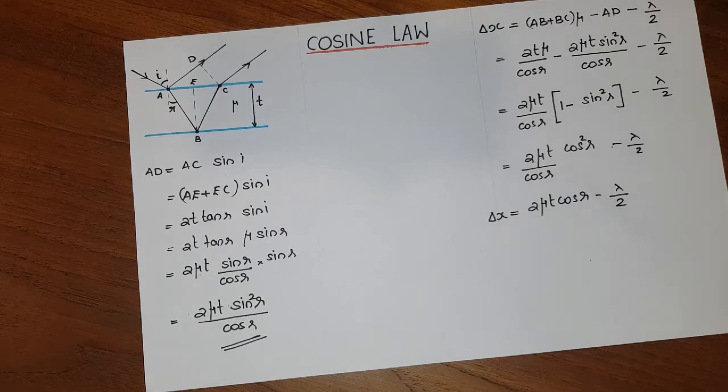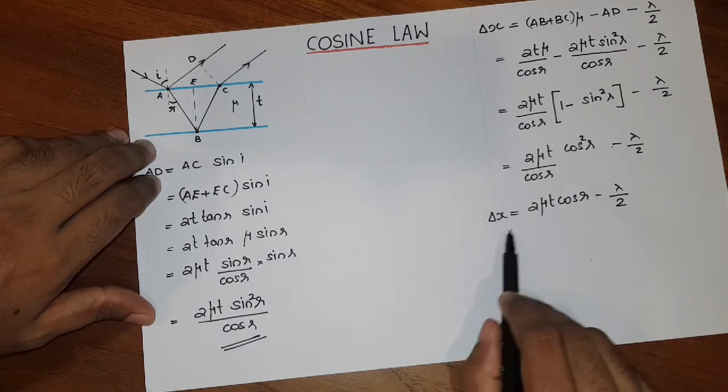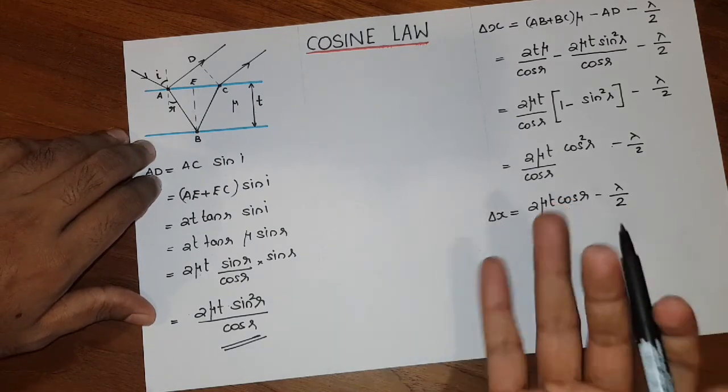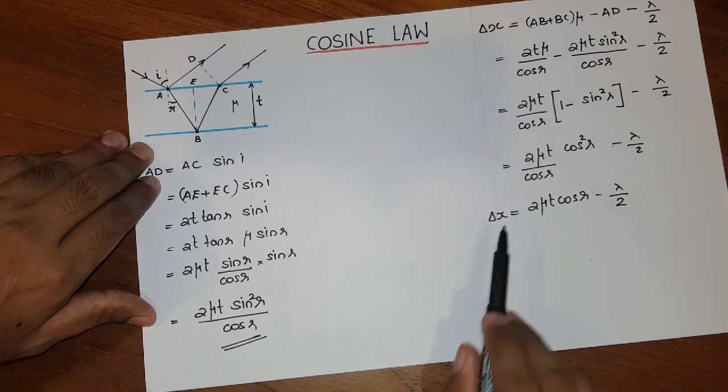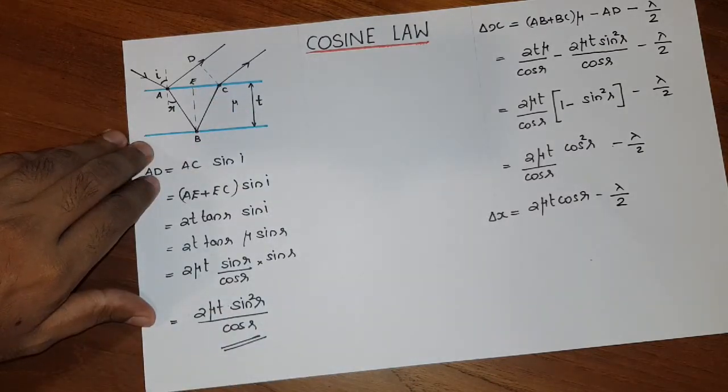So what can we do with this now? We know the general condition for constructive and destructive interference of path difference. So we can just substitute them into this equation so that we can arrive at the equation for constructive and destructive interference for the thin film.